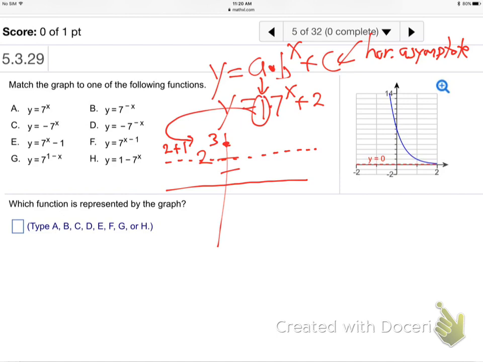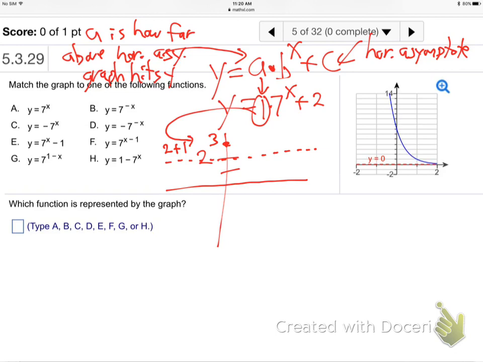So whatever number a is, a is how far above the horizontal asymptote the graph hits the y-axis. Can you read? I'm kind of messy in that writing. So a is 1, it hits 1 above the horizontal asymptote line.